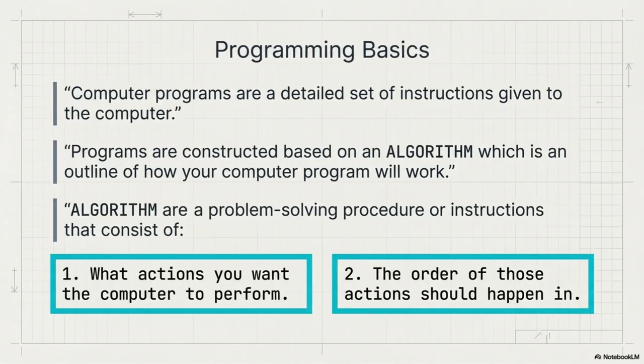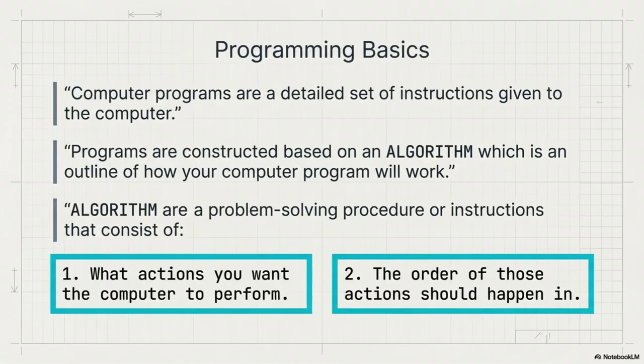Programs are constructed based on an algorithm, which is an outline of how your computer program will work. It's a problem-solving procedure that defines what actions to perform and the order they should happen in.